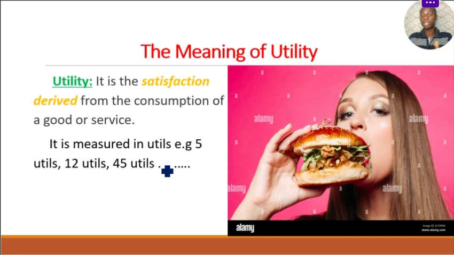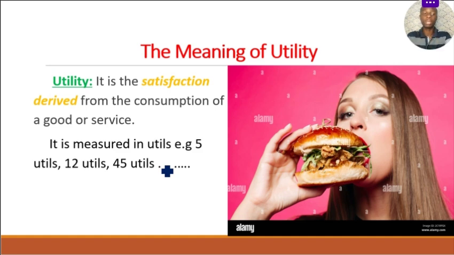They believe that the same way you can measure weight, or length in terms of meter or centimeter, the satisfaction you derive from the consumption of a particular good or service can be measured. That's according to the cardinalists or the Marshallians, and that is why you have that measurement there in utils as a measure of utility.